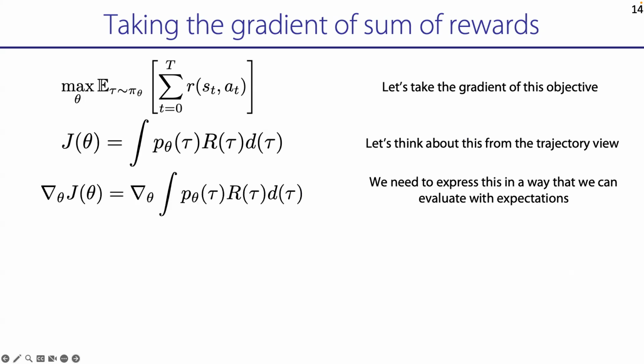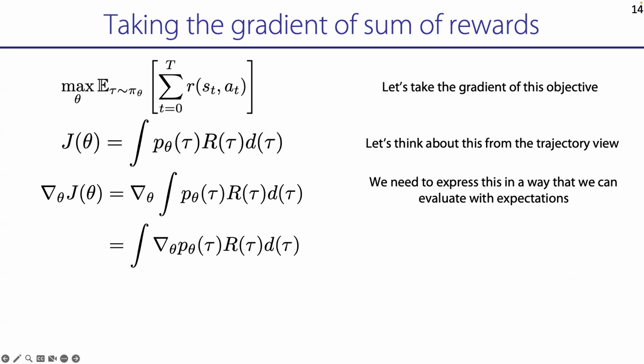Remember, we can move the gradient inside the integral. And so we can write it as grad theta p theta tau r tau. And our issue now is that it is no longer an expectation, right? And so we're going to try and convert this into something that is expectationable.